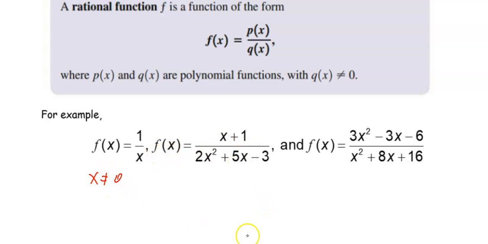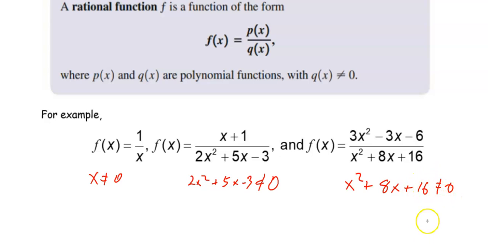For f of x equals x plus 1 over 2x squared plus 5x minus 3, this is a rational function, and we know 2x squared plus 5x minus 3 cannot equal 0. And for our last one, x squared plus 8x plus 16 again cannot equal 0.